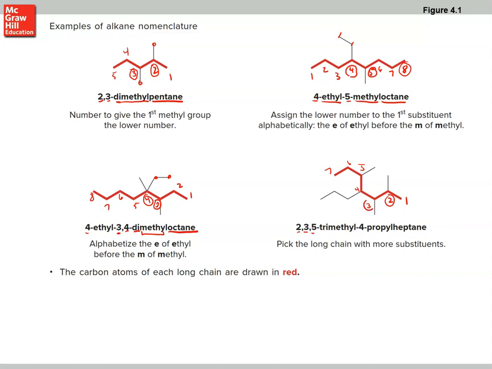So 2, 3, and 5 trimethyl. And M comes before P, so that's your methyl, ethyl, propyl. So a propyl group on the 4 carbon as a constituent group. And 7 is the long chain number, so that's heptane. So 2,3,5-trimethyl-4-propyl heptane is the name for that compound.